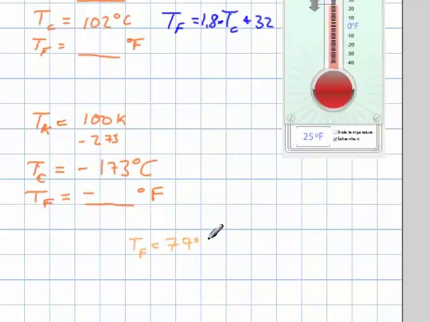Nice summer temperature, I guess. Now using this equation up here, I'm going to go the opposite direction. So I subtract 32, which is 42, and then divide by 1.8, and I have to do it on the calculator, and I come up with a rounded 23 degrees Celsius.